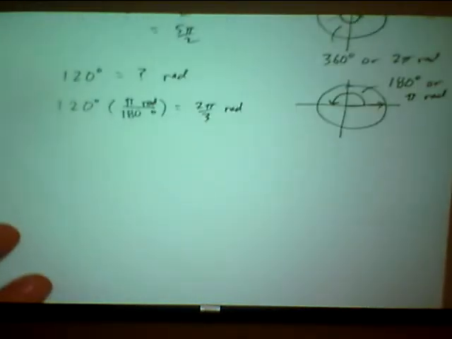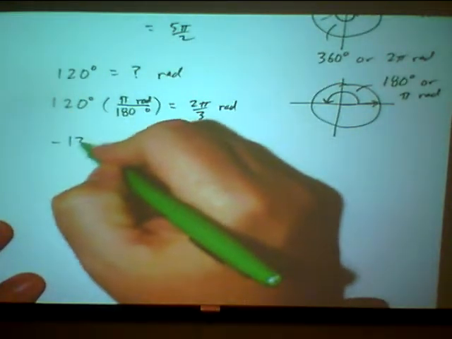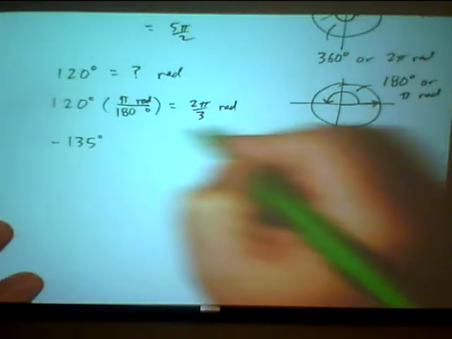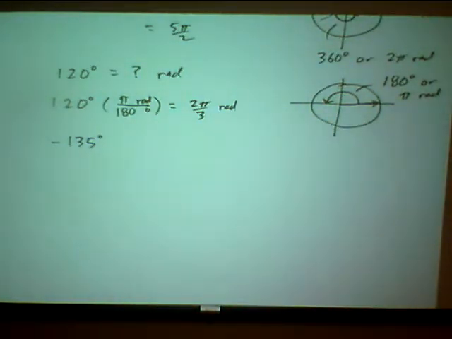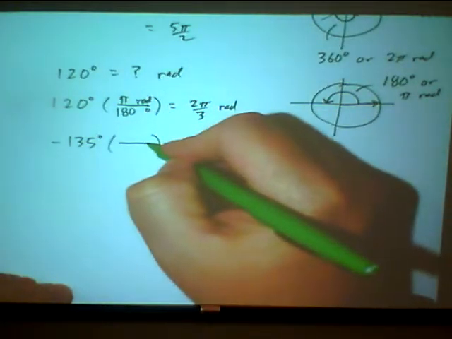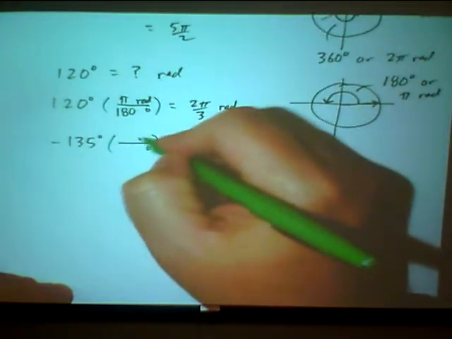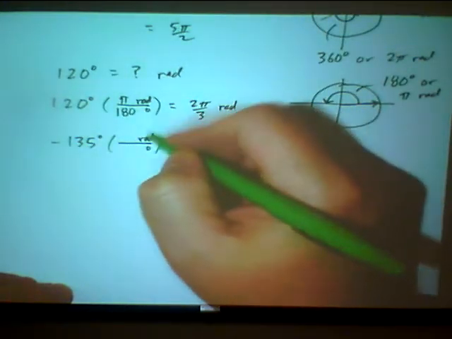Let's do another quick example, since that was pretty easy, and actually none of these are hard. You could even take like a negative angle, negative 135 degrees, and if we want to convert it into radians, here's our unit fraction. We start with degrees, degrees on the bottom. We want to get to radians, so it's on the top.